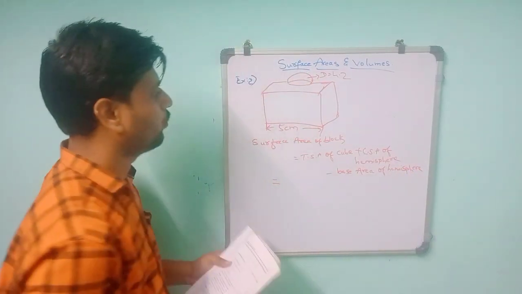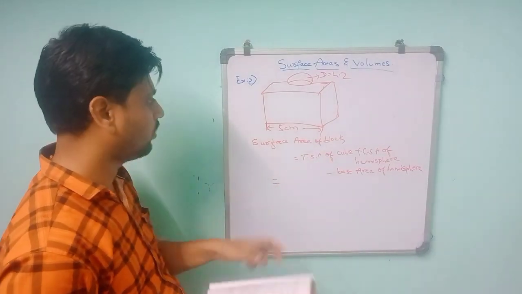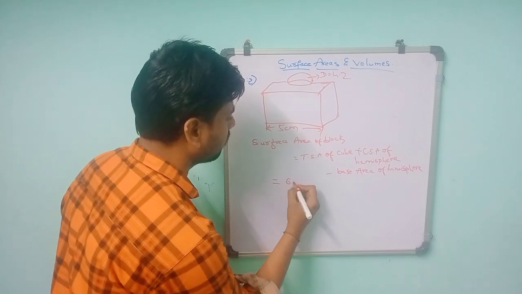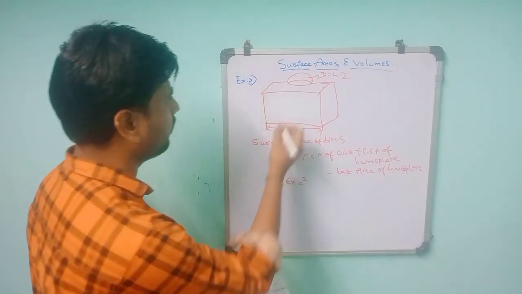The total surface area of the cube is 6a square, where a is 5.